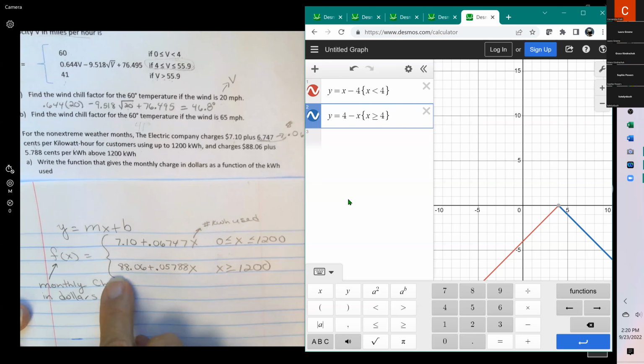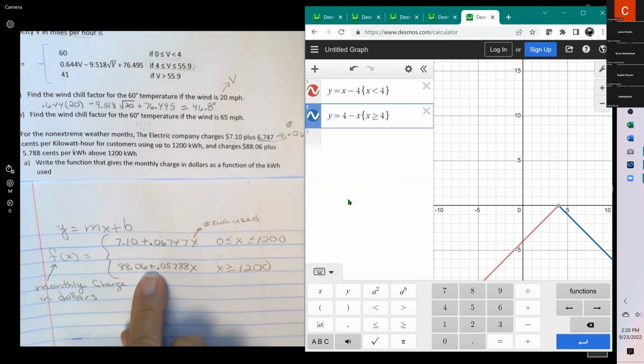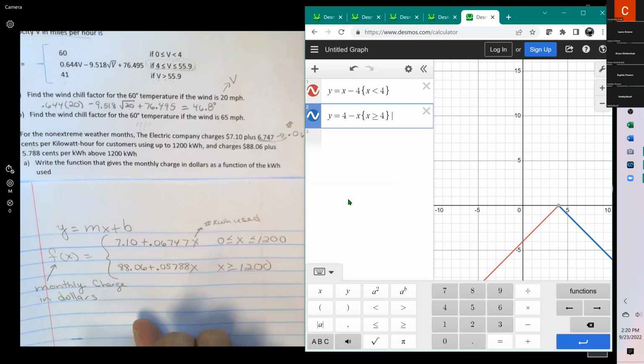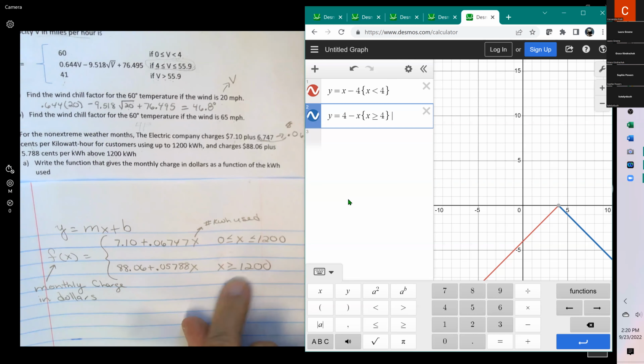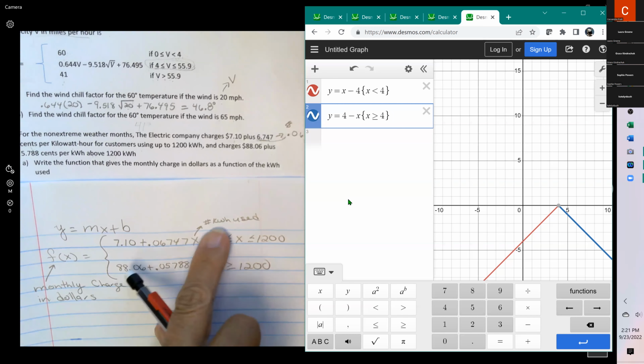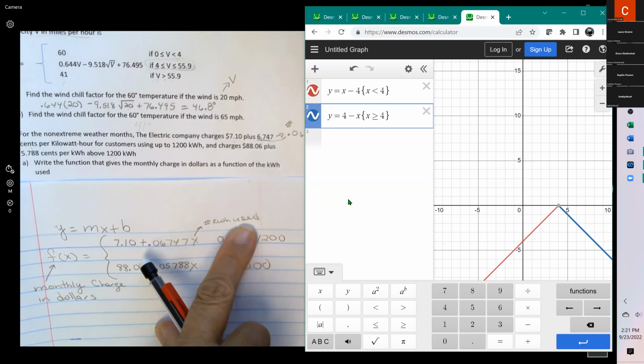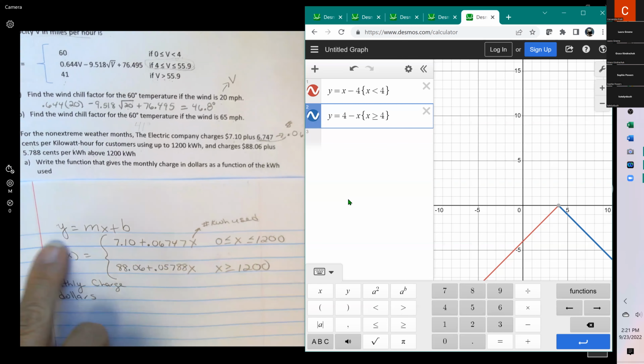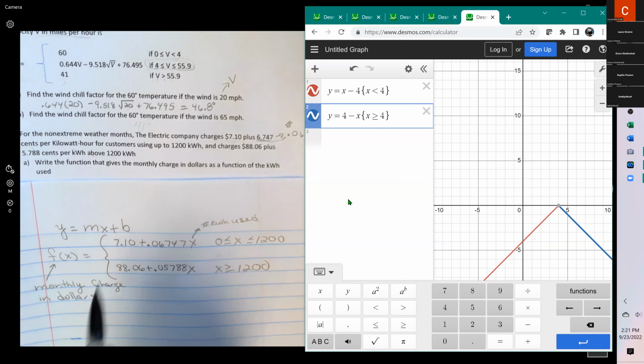So did you get 88.06 plus, and then this was in cents, so I rewrote it to dollars, 0.05788x, and that's when x is greater than or equal to 1200. So my x is the number of kilowatt hours used, and my function is the monthly charge.